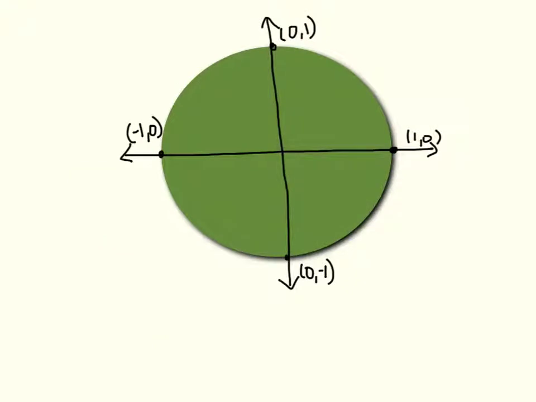Alright, so here we have the unit circle with a radius of 1, and we're going to focus on counting every 30 degrees.